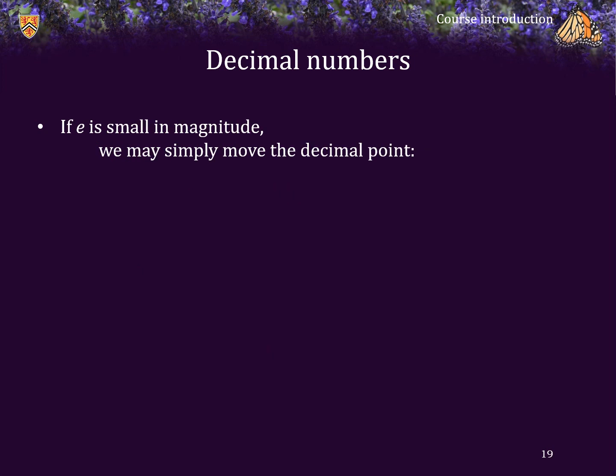Now, if the exponent e is small in magnitude, we may simply move the decimal point. So, for example, if the exponent is 3, we can simply move the decimal point 3 places to the right.